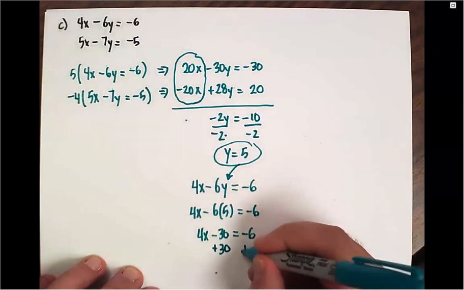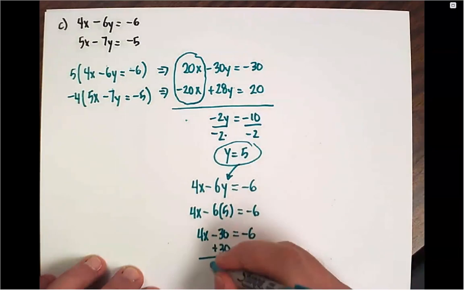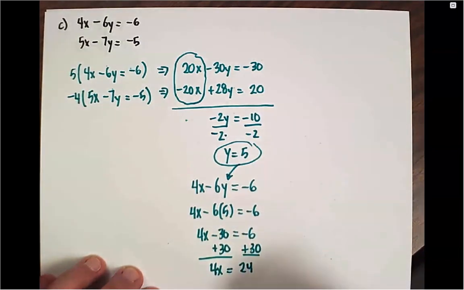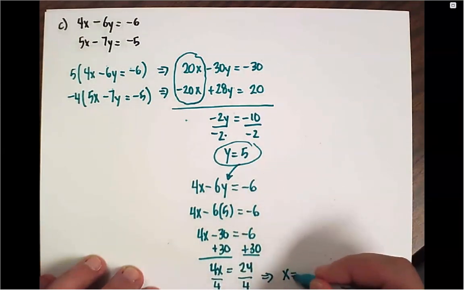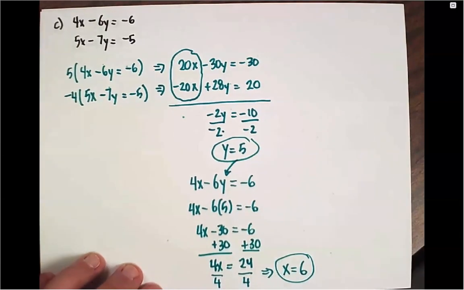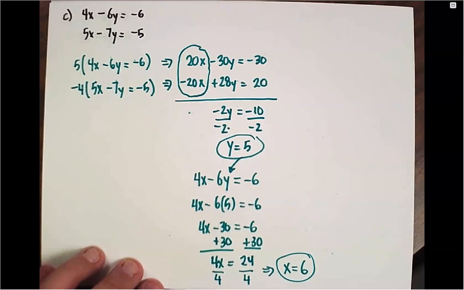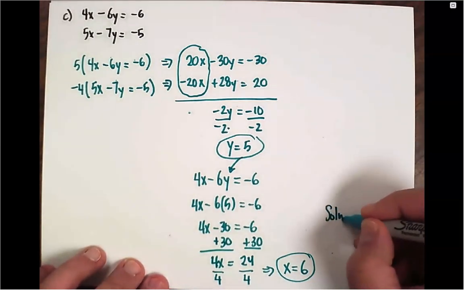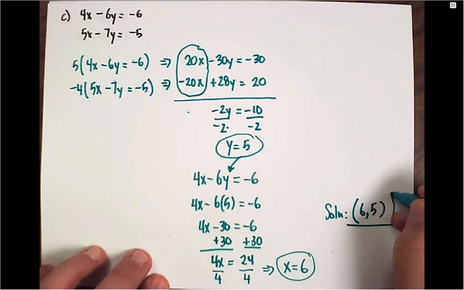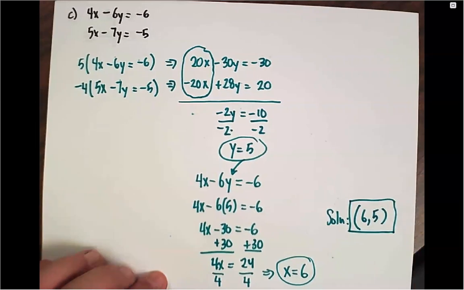And if I add 30 to both sides, I get 4x equals 24. Divide both sides by 4, so you get x equals 6. So x is 6 and y is 5. So my solution is the ordered pair 6, 5.